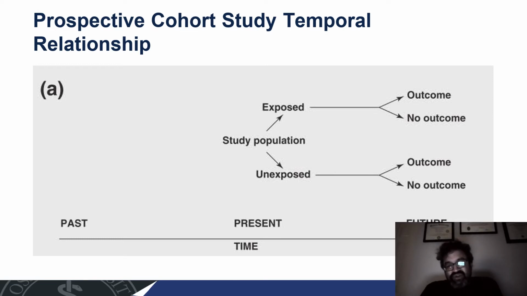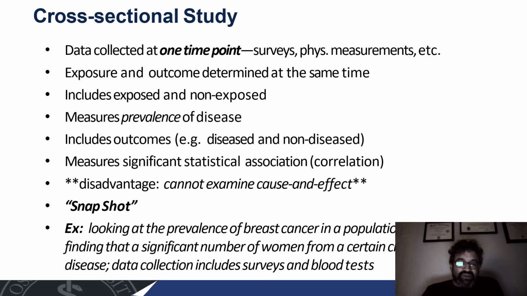Then in the future, you look at the outcomes: outcome versus no outcome, outcome versus no outcome. But what's going on in the past is the retrospective cohort. And so you take it back and then look at the outcomes in the present. Just good to know, because sometimes you have to know the difference between prospective and retrospective cohort studies.